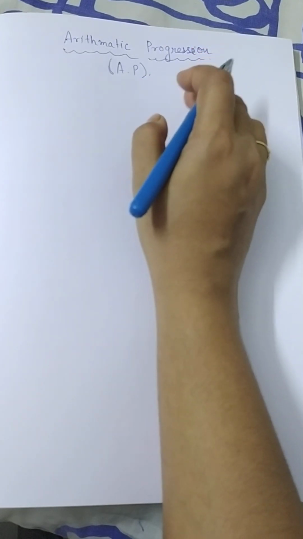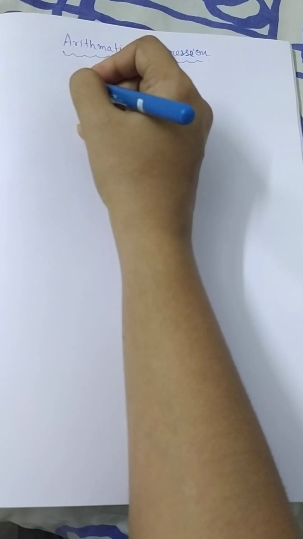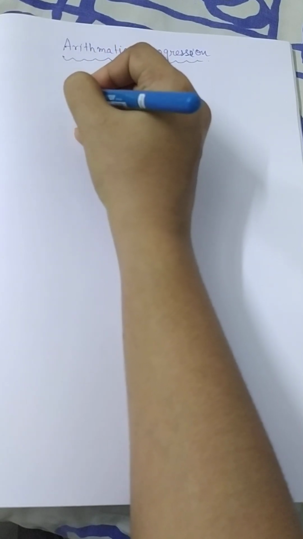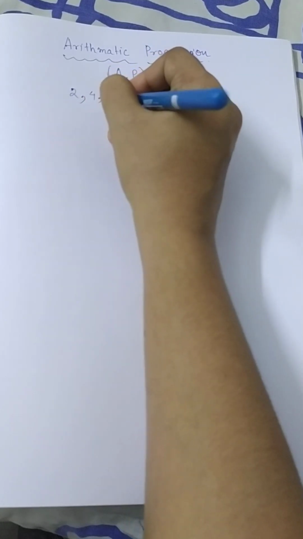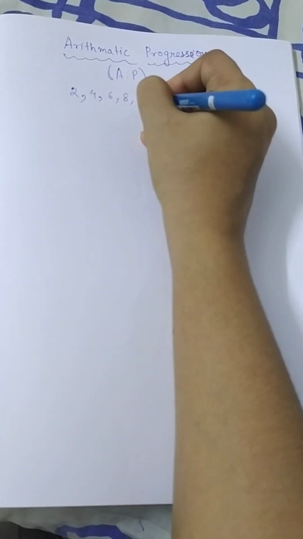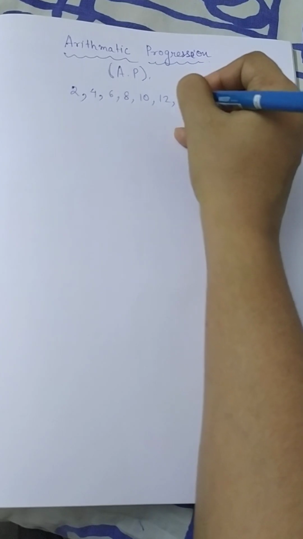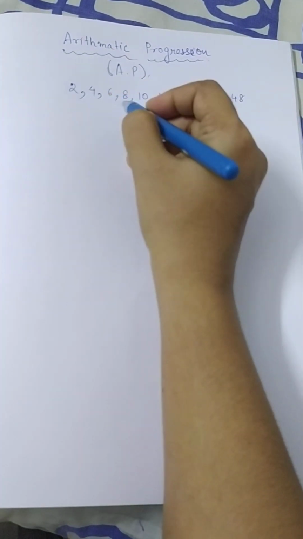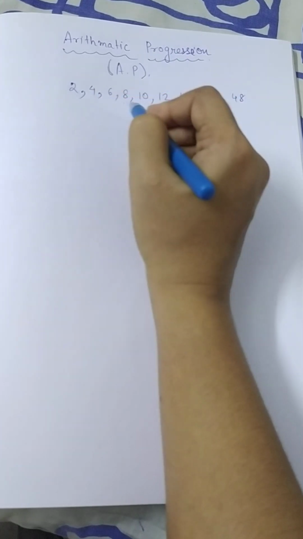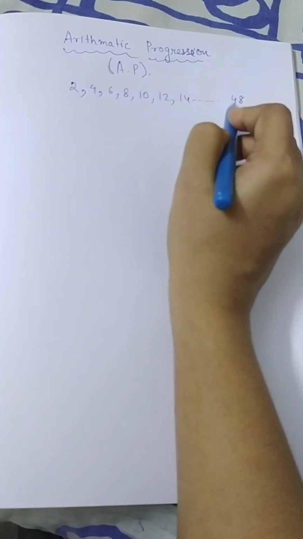In which format? If you check this format, like 2, 4, 6, 8, 10, 12, 14 up to 48, you can see that there is a particular pattern. What is the pattern?